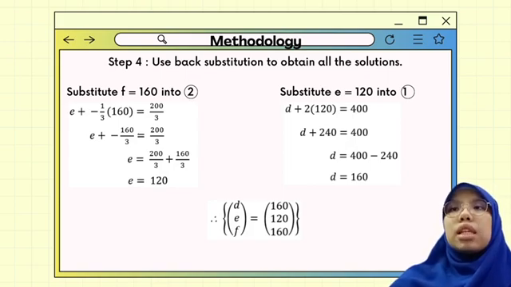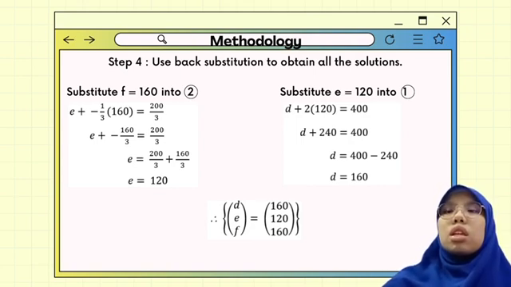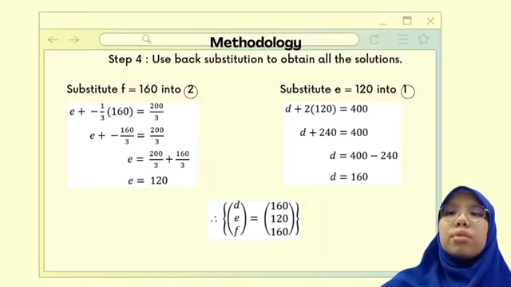Next, substitute E equals 120 into equation 1: D plus 2 multiplied by 120 equals 400, and the result is D equals 160. Finally, we can finalize it in matrix form below: D equals 160, E equals 120, F equals 160.